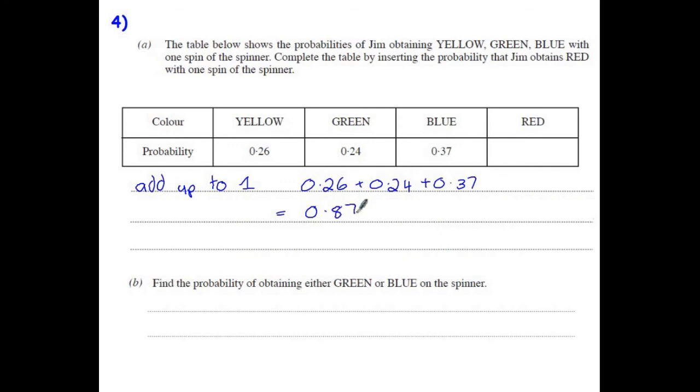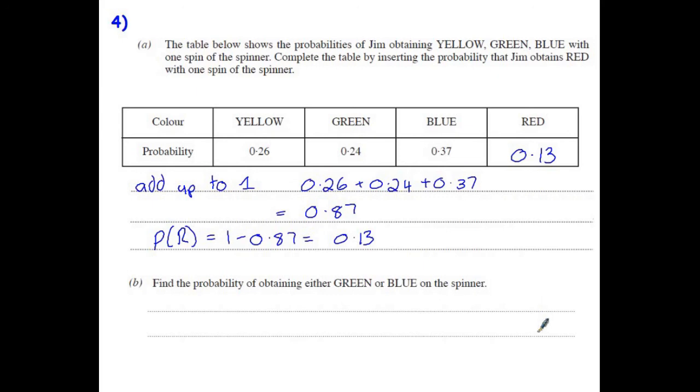So the probability that it's red will be 1 take away 0.87, which is equal to 0.13. So in the table, we could write 0.13.